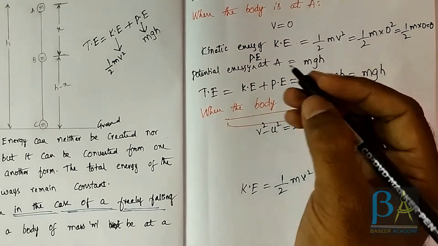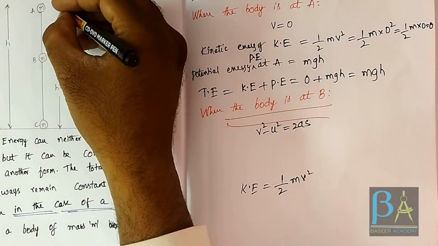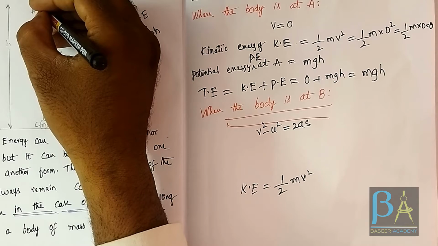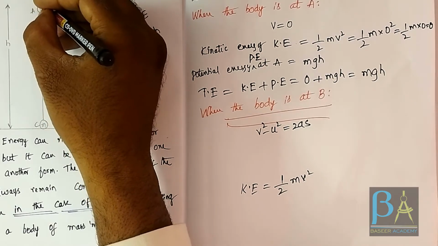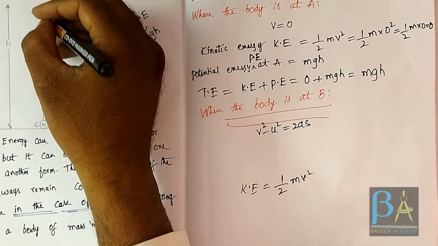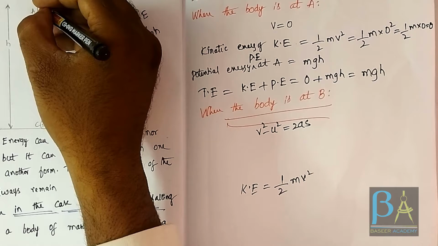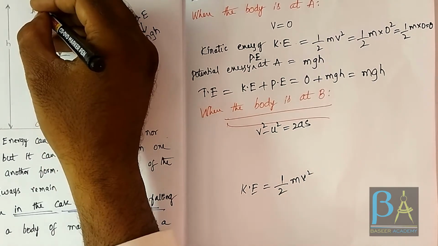Now, the body reached point B after falling a distance of x from point A. When it was at point A, the velocity was 0. So the initial velocity of the body at point B is 0, because it started falling from point A, and at point A it was at rest.